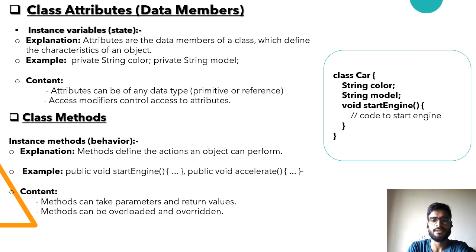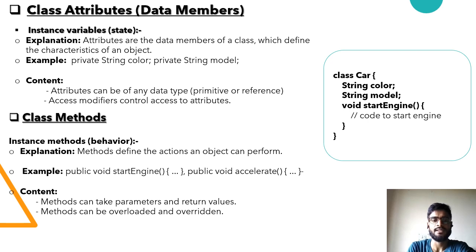Now coming to the class methods part. These are basically instance methods, which represent behavior of that object. So methods define the actions an object can perform, meaning how an object takes an action or performs. Example, we can see public void startEngine and public void accelerate.